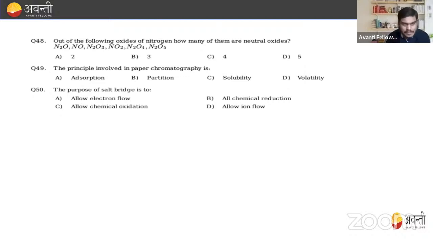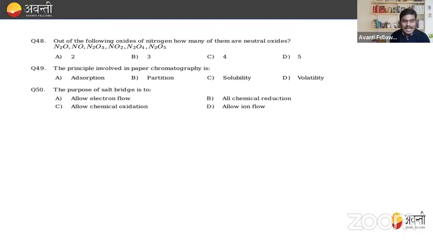You just pick out the oxides of nitrogen which form neutral oxides. So which will be the neutral oxides?